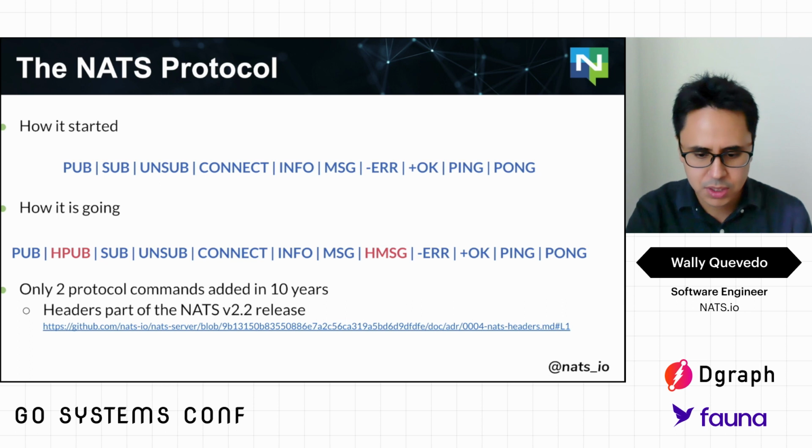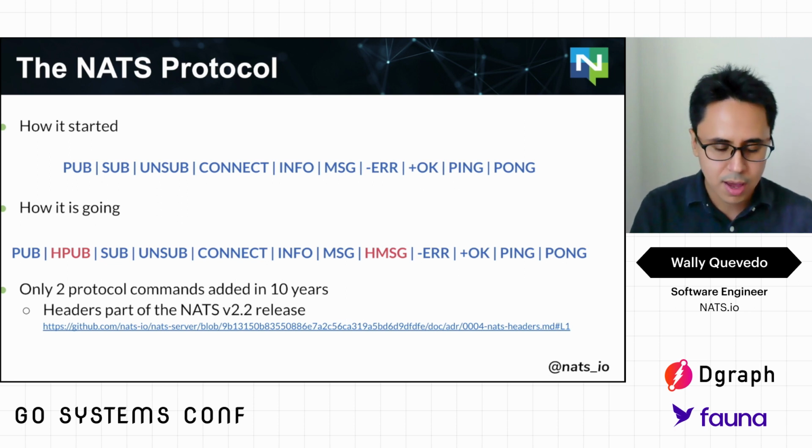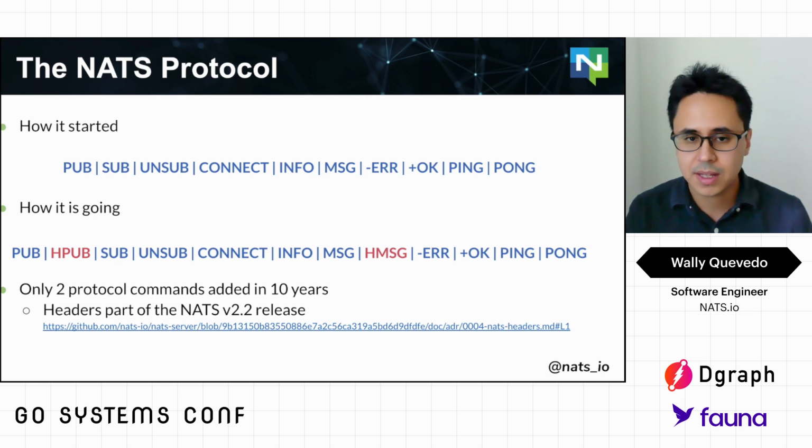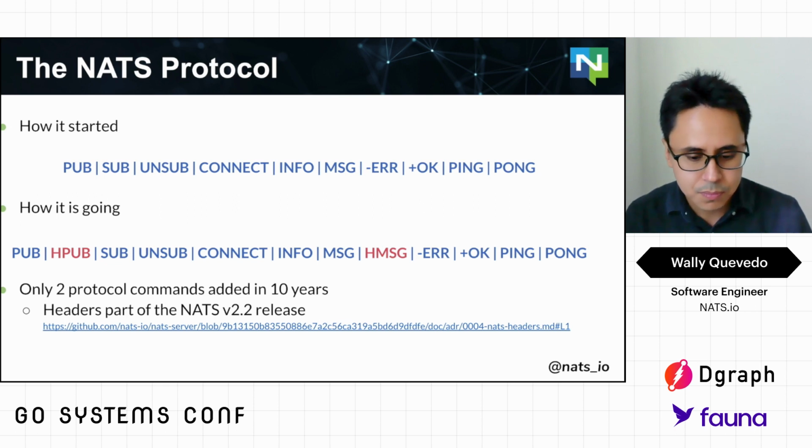And there are some other miscellaneous protocols, like for errors and acking, as well as a ping pong interval for keep alive. This was the original implementation of the protocol, and in these 10 years, there have been only 2 new protocol commands, and they haven't even been released yet. I mean, they're in the code, but this is for an extension to be able to have headers in both the published and received messages.